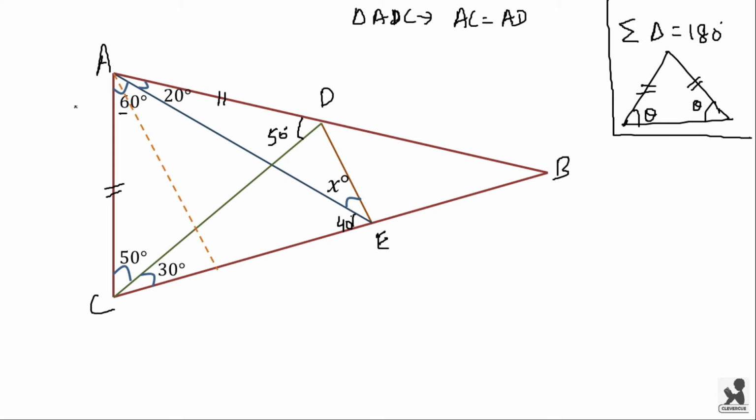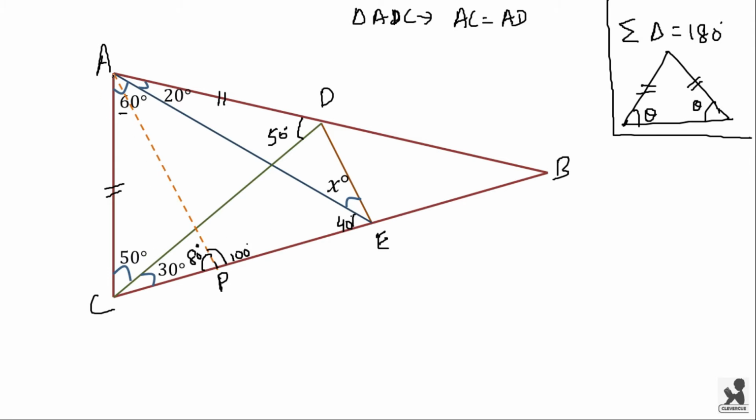Let us draw a line AP which makes an angle of 180 degrees with the line CB. So this is 180 degrees, this is 80 degrees, and so this angle will be 100 degrees.